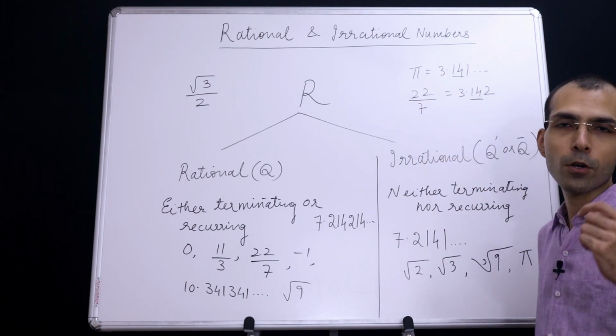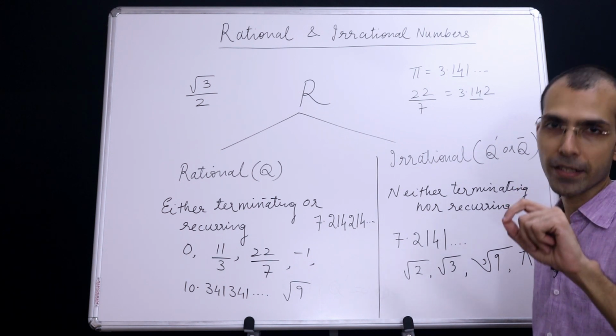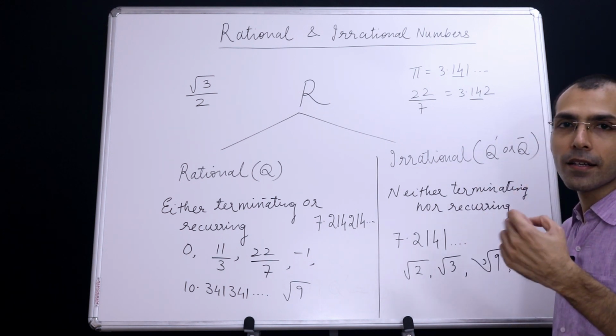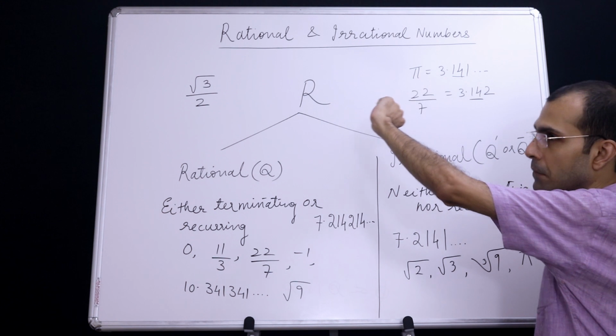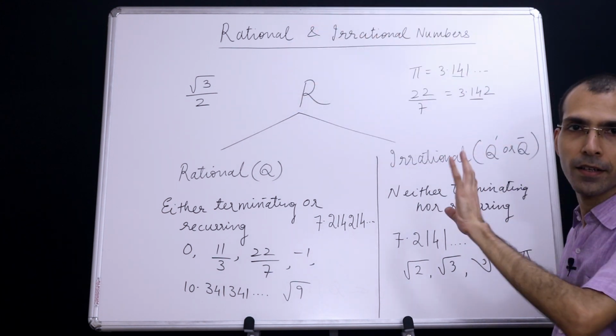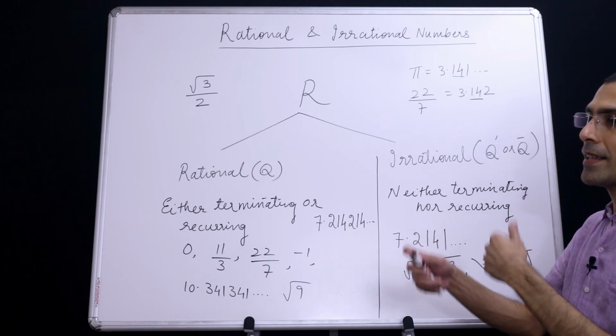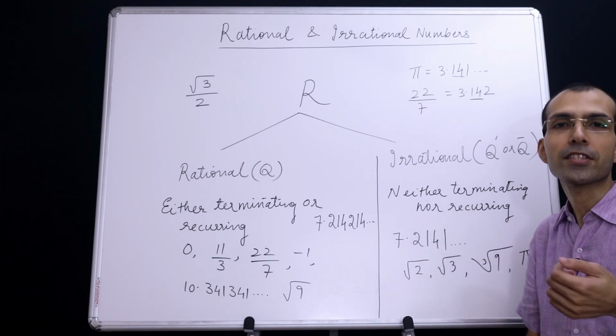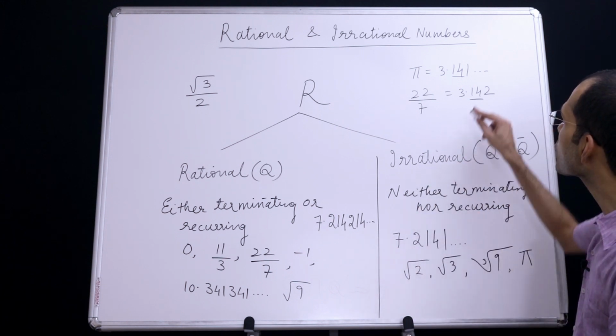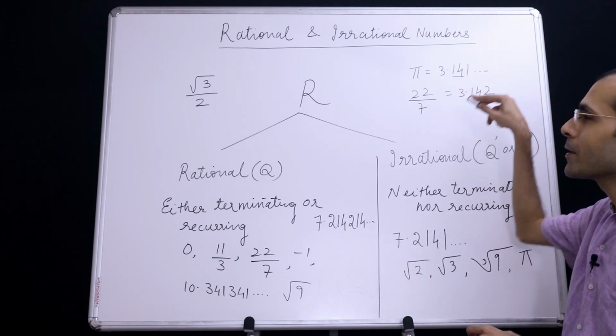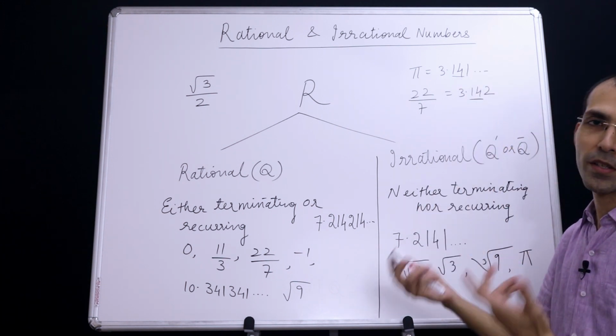It is only for the sake of calculation convenience. Intrinsically, pi is conceptually very different and 22 upon 7 is something very different. It is just that their values match only up to 2 decimal places. So we say, oh, pi is equal to 22 upon 7.